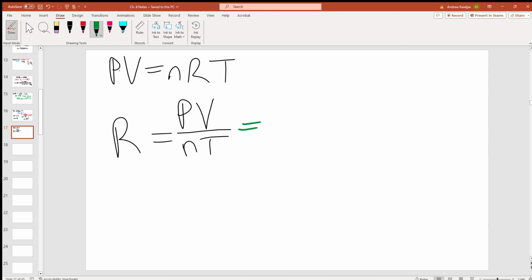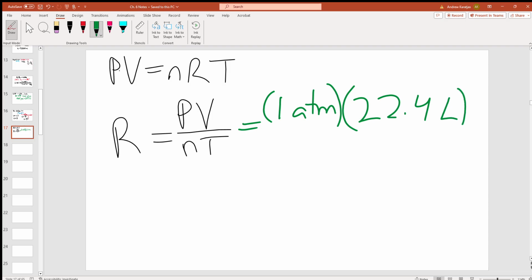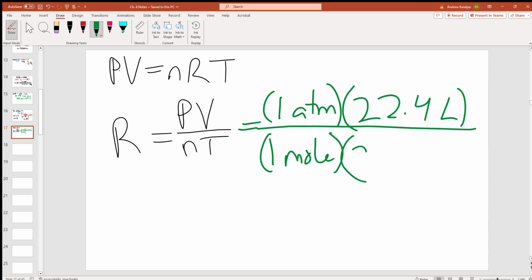So STP, again, 1 atmosphere, 0 degrees Celsius. So we can say 1 atmosphere times 22.4 liters over 1 mole times 273.15 Kelvin.